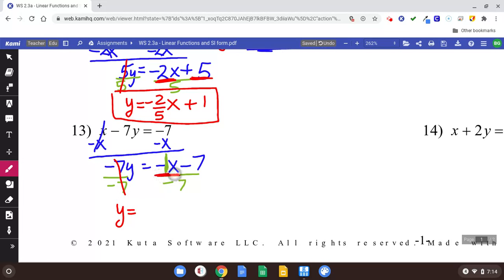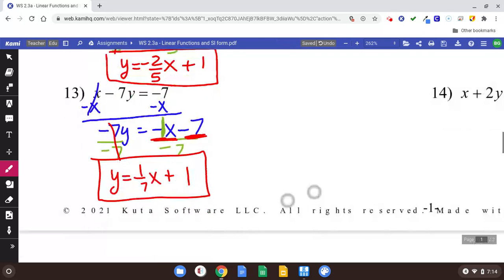But you've got this right here. You're going to have a fraction. You have negative 1 over negative 7. And that reduces to positive because we know negative over negative is positive. So I've got positive 1/7. And then I've got to divide this. Negative 7 divided by negative 7 is positive 1. So there it is. y equals 1/7 x plus 1.